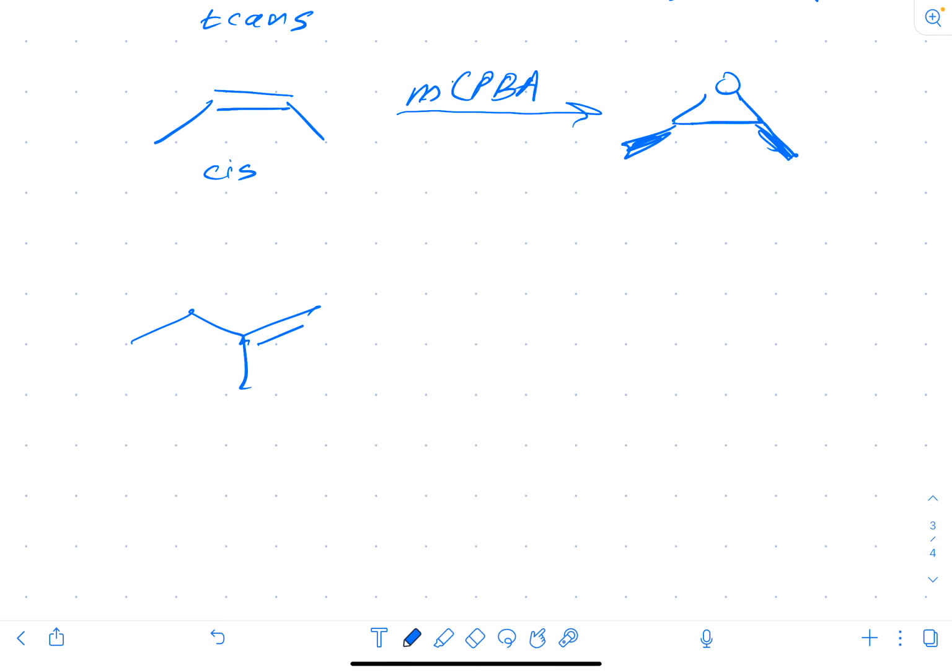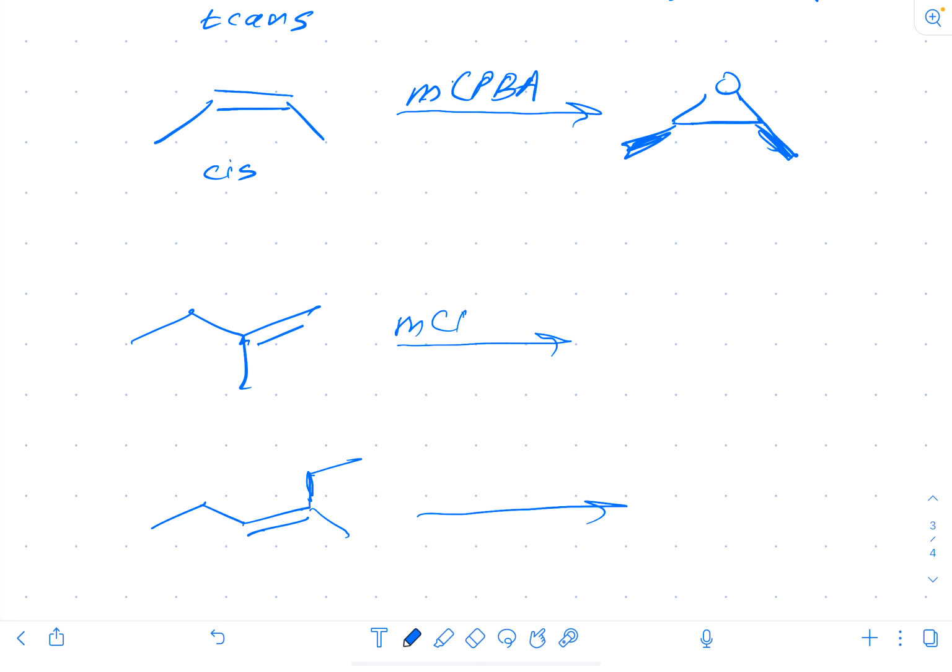So we can do just a few examples here. With this one, if I treat it with MCPBA, what that means is I'll just set that oxygen down on the carbons that used to be involved in the double bond, going directly from the alkene to the epoxide.